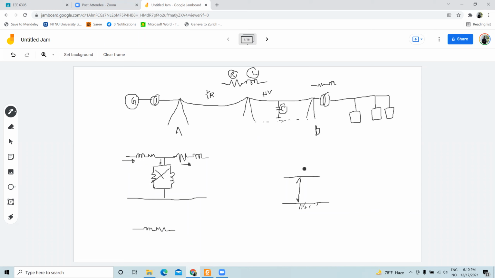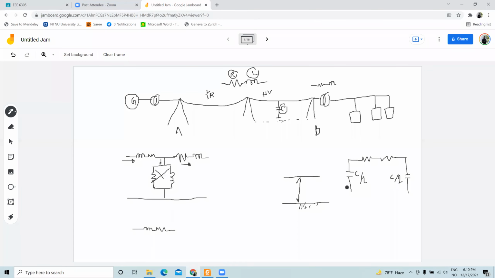So we can represent a large transmission line as a pi model, with C by 2 here, then R and L, and then again C by 2 here.